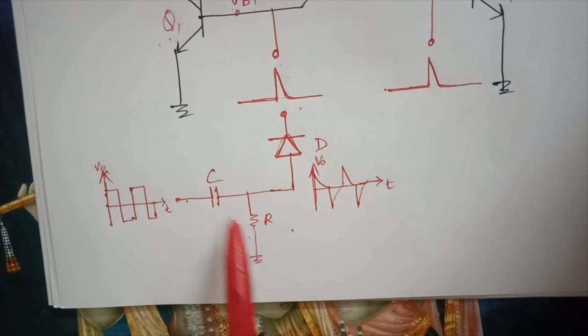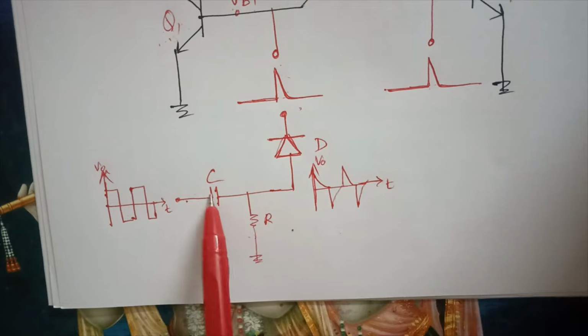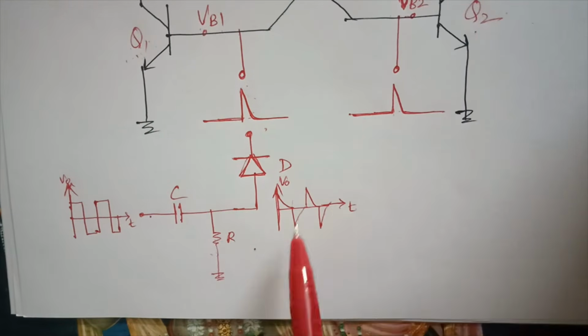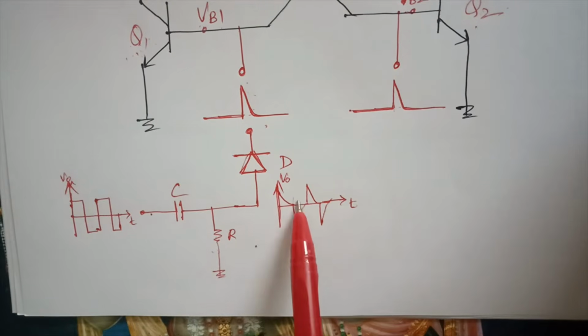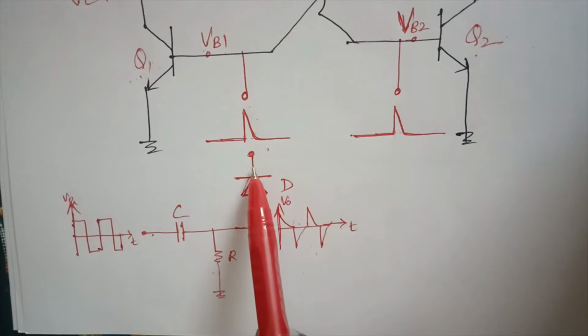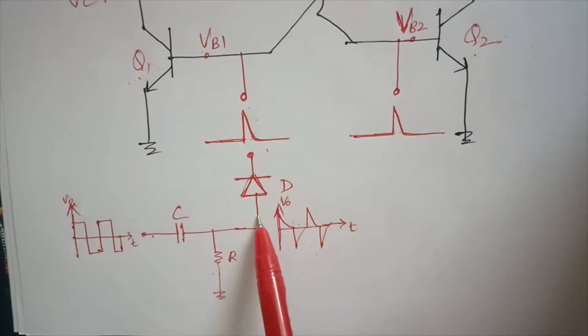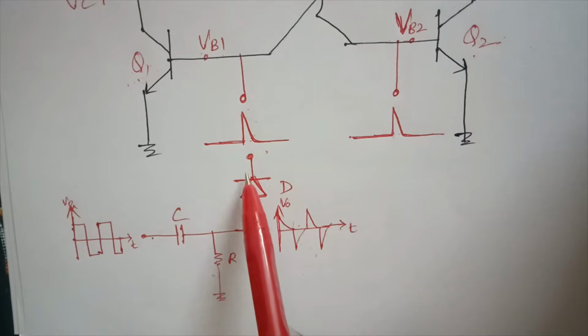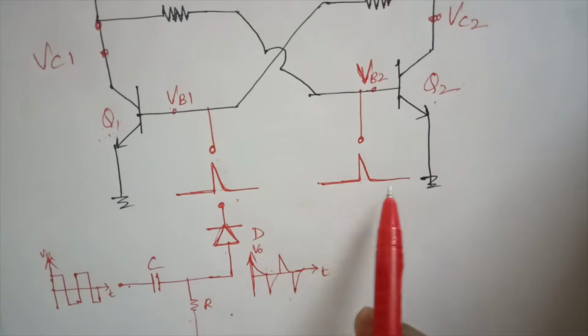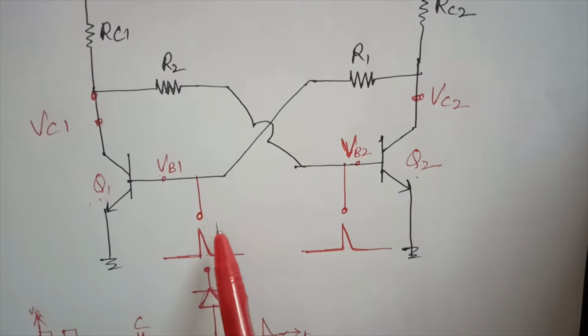If the time constant is very low, then we get spikes at the output. Here we get both positive and negative spikes. Then we apply them to a diode, which acts as a rectifier. Therefore it allows only the positive half cycles. This is how we generate the triggering pulse.